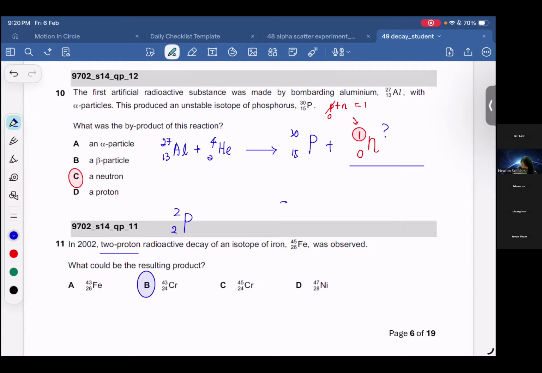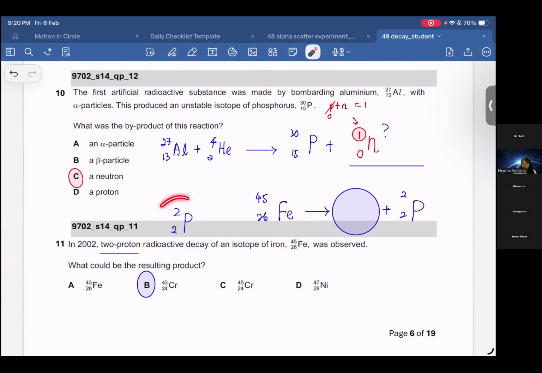So here this one is Fe 45, 26. So we will decay. Then this one is unknown. This one plus the proton, we decay the proton. So if you balance, your answer should be B. I put this question here because I want you to know this is the nuclide notation for proton, because we never talked about this in year 11.